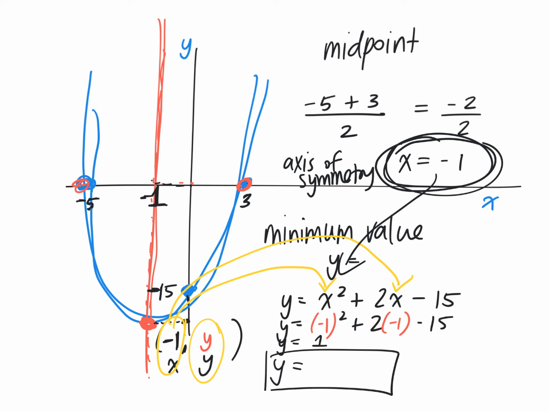And 2 times -1? -2 minus 15. What's 1 take away 2, take away 15? So y is equal to, if you simplify this, 1 take away 2 take away 15 is -16. Does this make sense? Does it look like the vertex is located at -1, -16? That's reasonable, right?